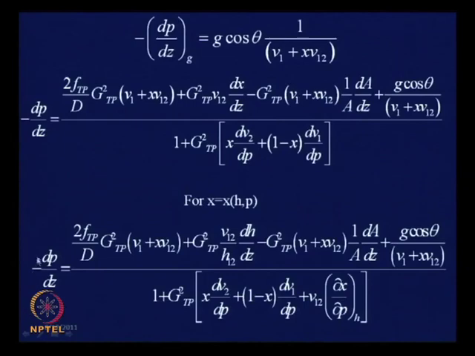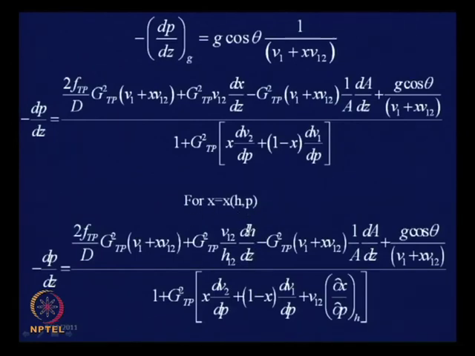Okay. So, we find that if we do it, then finally the expression of pressure gradient has the frictional pressure gradient, it has the acceleration pressure gradient due to area change, it has the gravitational component, and along with this it also has one particular term which shows how enthalpy changes with dz.